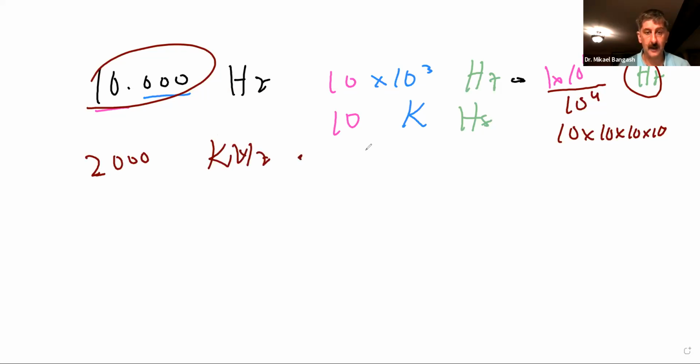That is still the same as 2 megahertz, because one of the 1,000 is here, the other 1,000 is here. So kilohertz mainly means 1,000 hertz. So 1,000 here and 1,000 here.